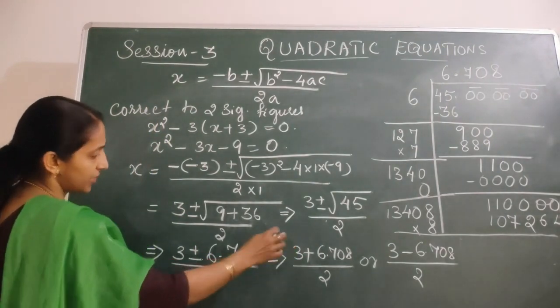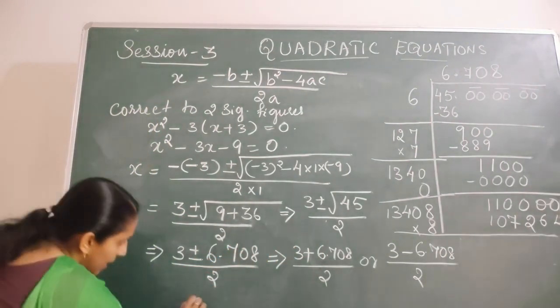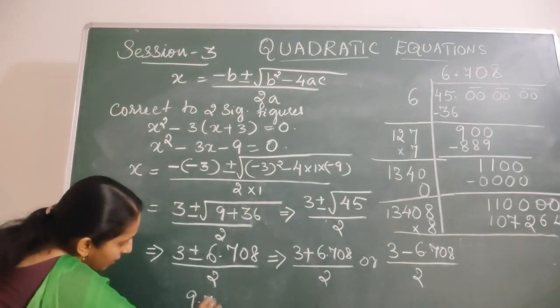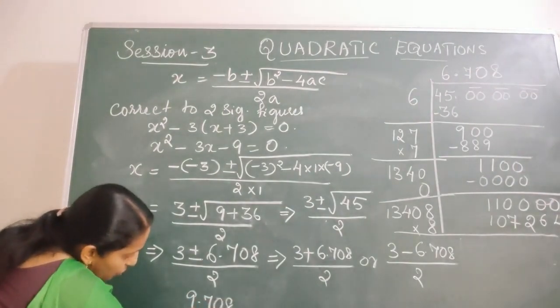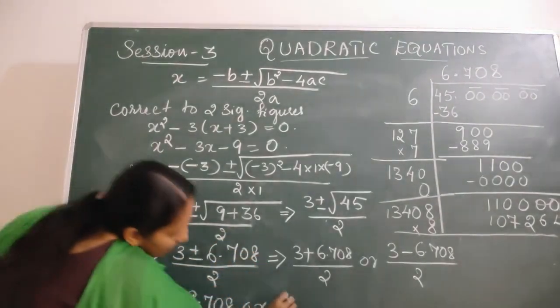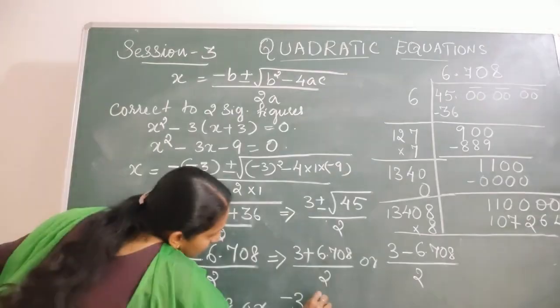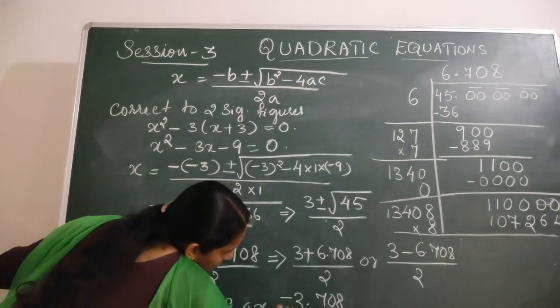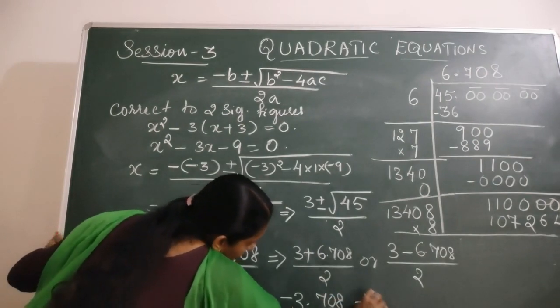So after simplification you are getting 9.708 upon 2, or minus 3.708 upon 2. So after division, what will you get?